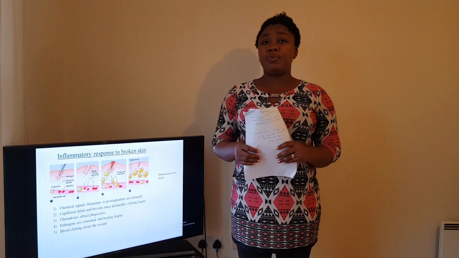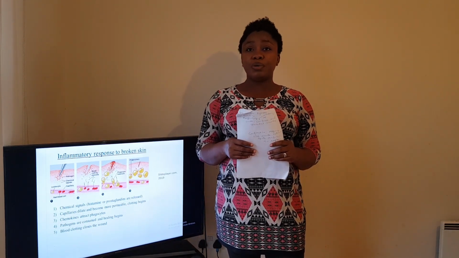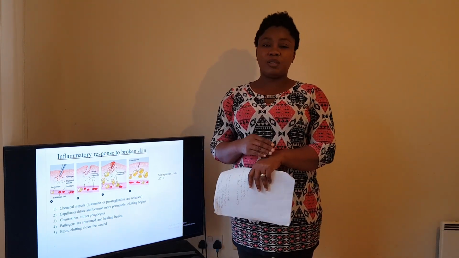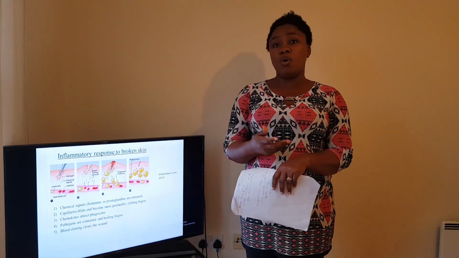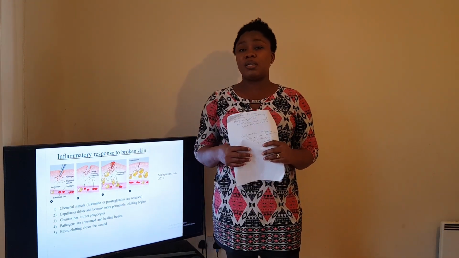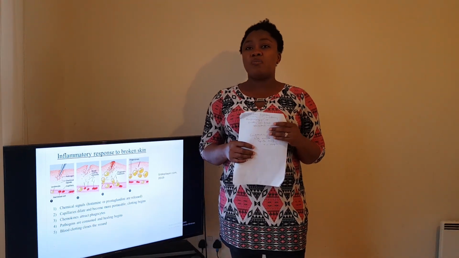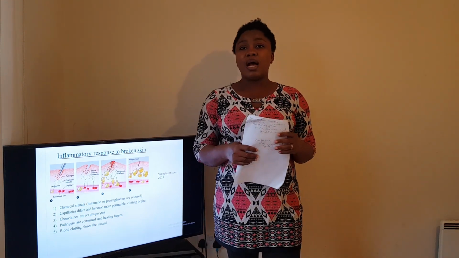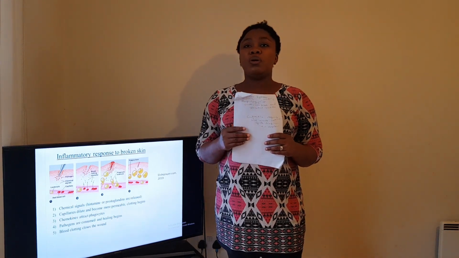And this brings us back to the inflammatory response to broken skin. When your skin gets broken, what are the responses that you get when the inflammatory process occurs? The first thing is that chemical signals such as histamine or prostaglandins are released, and capillaries dilate and become more permeable.